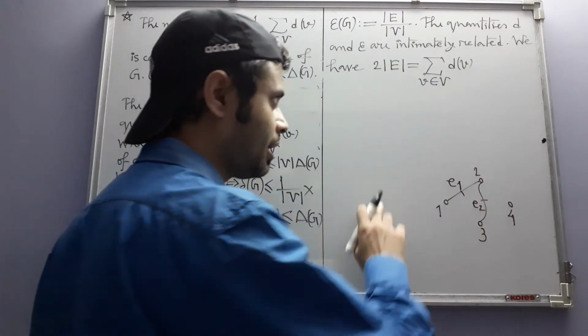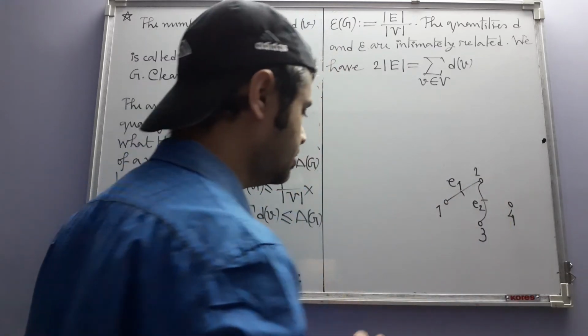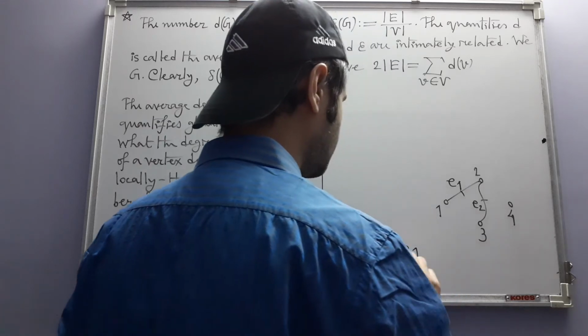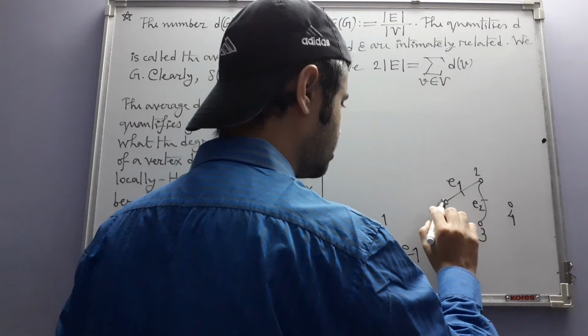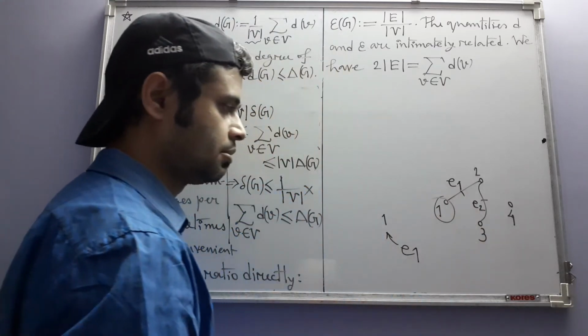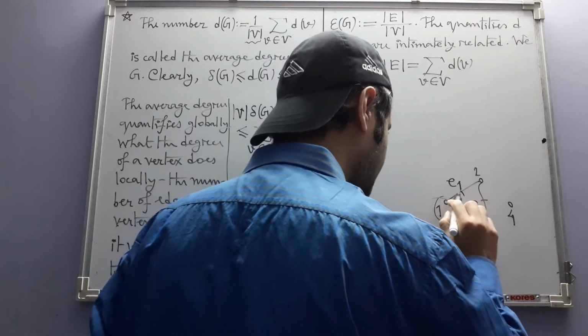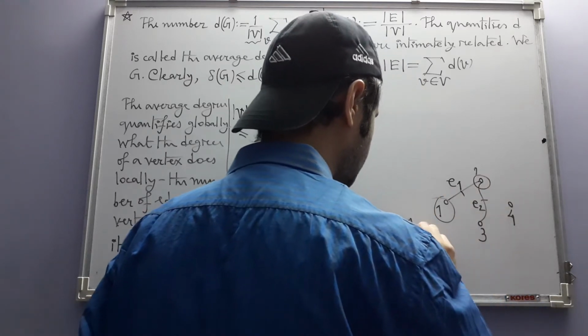Now if we look at this sum from the point of view of the edges, we see this. E1 contributes 1 to the degree of this vertex because its degree is 1. That same edge E1 also contributes a 1 to the degree of the vertex 2.